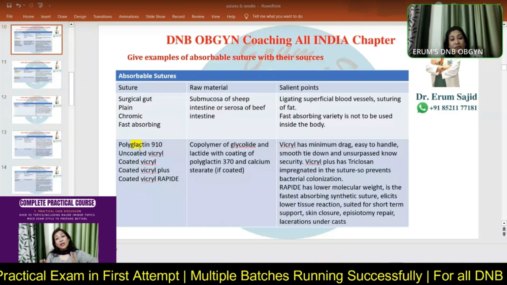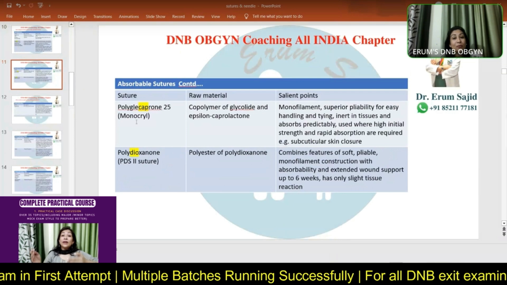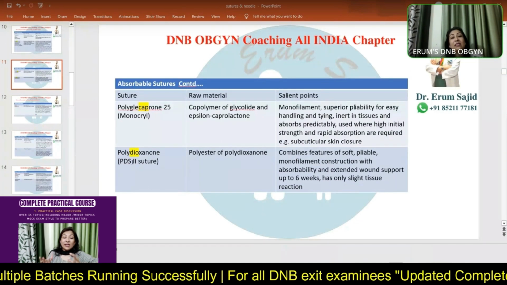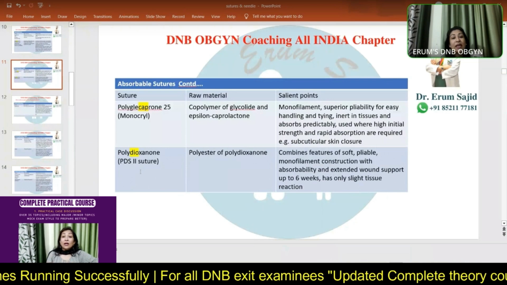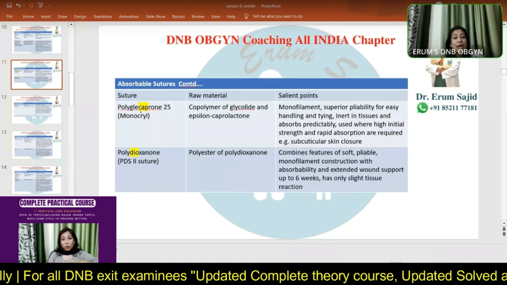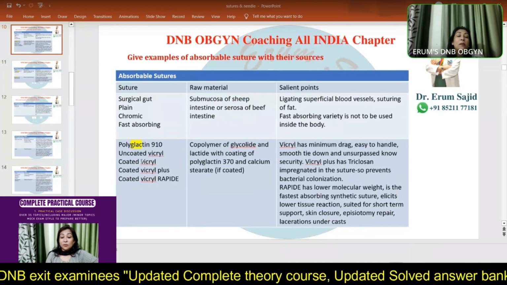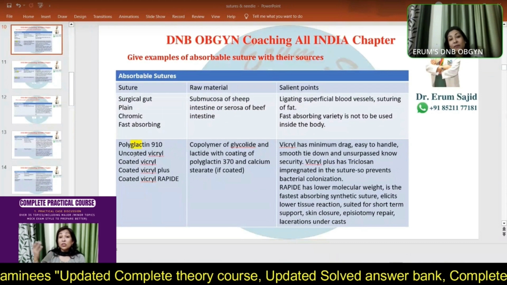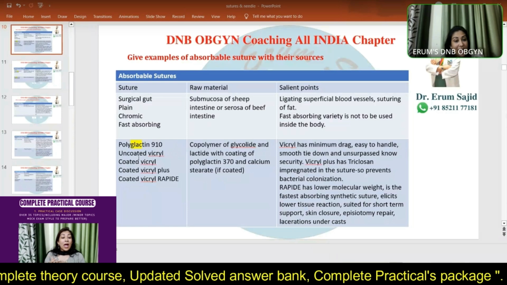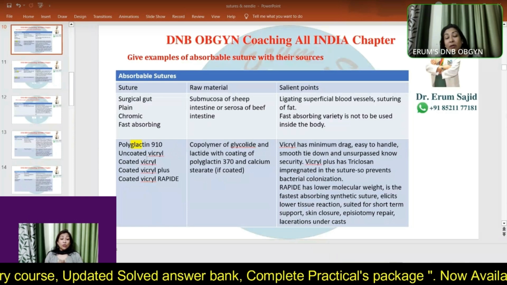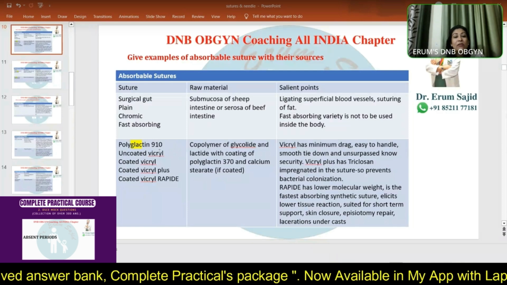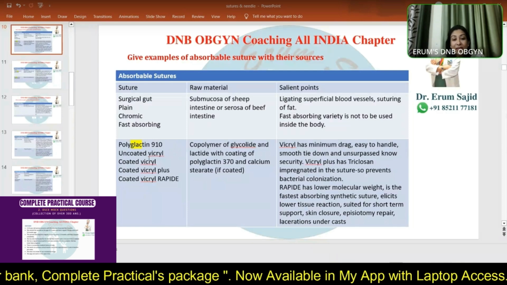So GLAC means vicryl, CAP means monocryl, and DIOX means PDS. Diox, PDS. Correct? Just remember the CAP, monocryl, where's the CAP? And GLAC is vicryl. Remember that GLAC, and we are very glad that we have vicryl. All right. So CAP, GLAC, vicryl. Remember, at least this much you should remember, that this is polyglactin. 910 is mostly the rapid variety, but usually, yes, vicryl is GLAC.